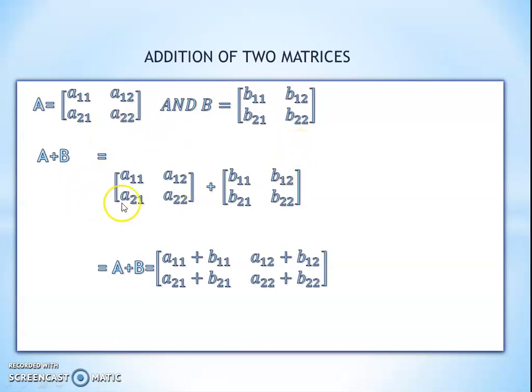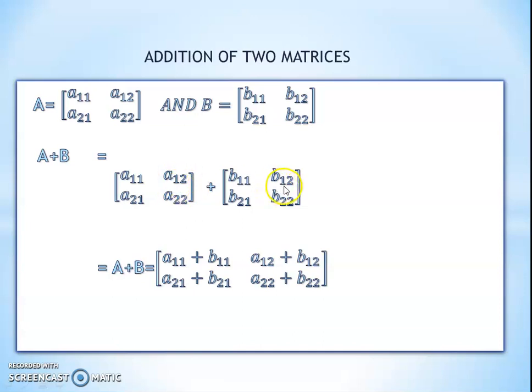How is it possible? We place A11, A12, A21, A22 in the first bracket, that is matrix A. In the middle is the plus symbol, that is addition. The second matrix B11, B12, B21, B22 is placed here. Now addition is done position-wise. A11 and B11 are in the first row, first column position.